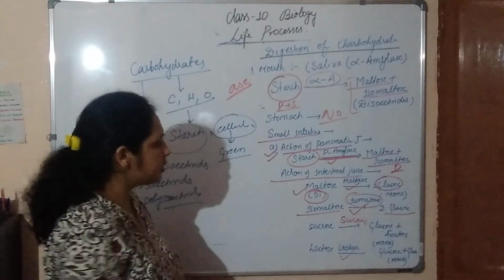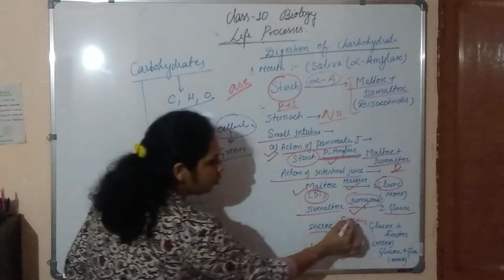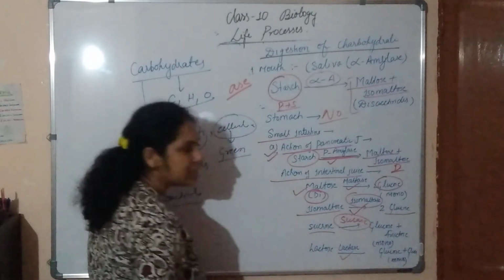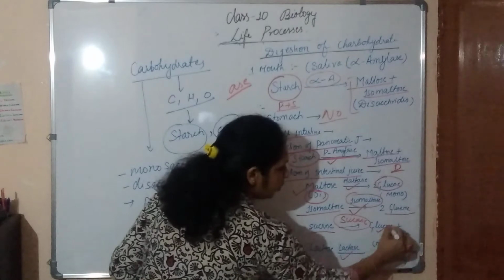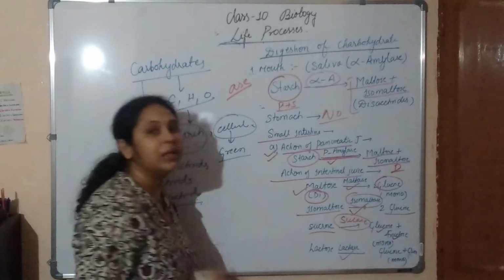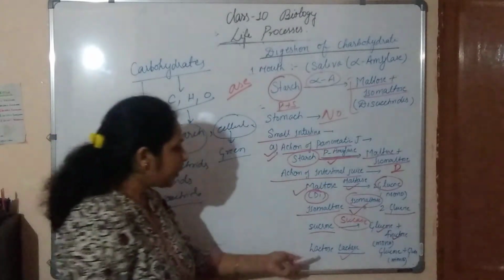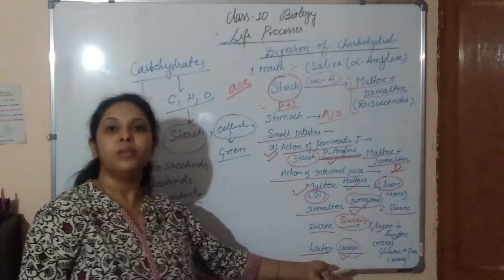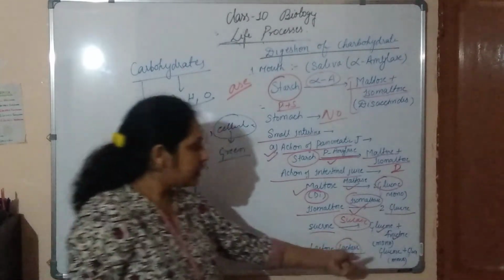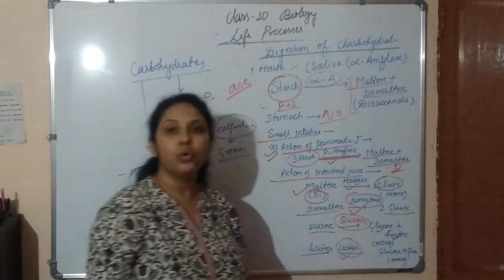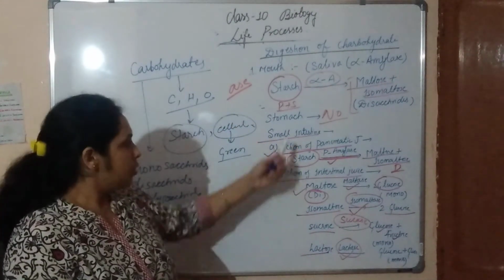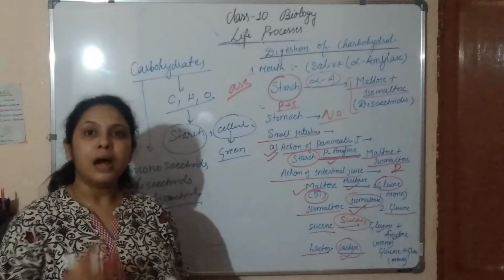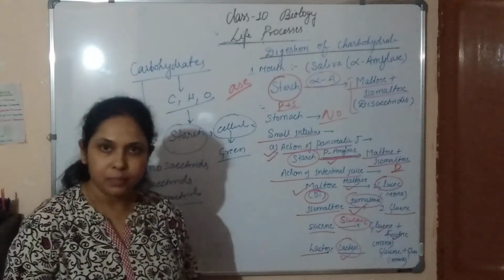Sucrose, due to the presence of sucrase enzyme, is converted into fructose and glucose, which are also monosaccharides. And lactose, due to the presence of lactase enzyme, is converted into glucose and galactose, monosaccharides. In this way, carbohydrate digestion takes place.